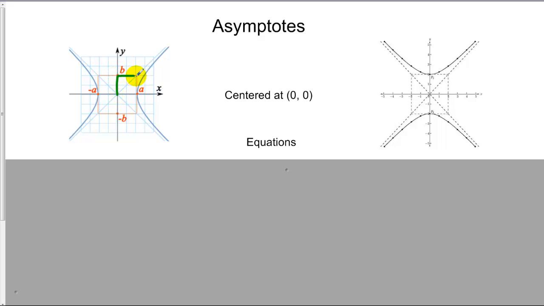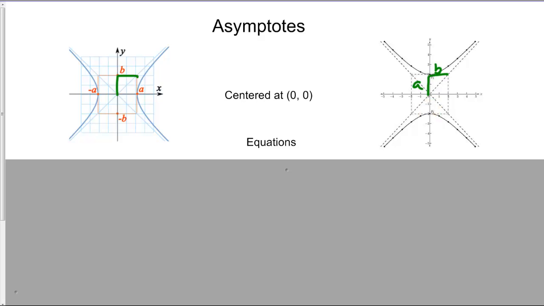Since I'm going through those rectangles made by the vertices and co-vertices, the slope is a rise of B and a run of A. Likewise, if I have a vertical opening hyperbola, I rise to the vertex, which means I'm rising A and I'm moving over a run of B.